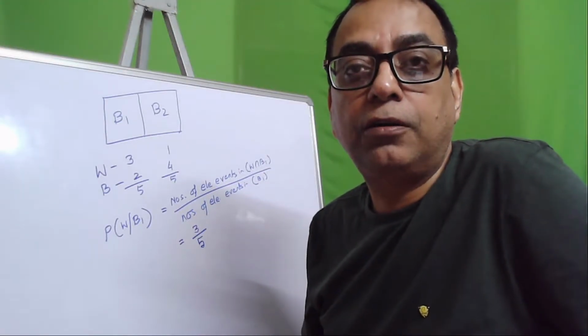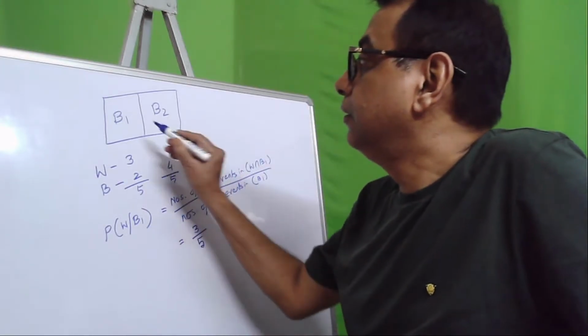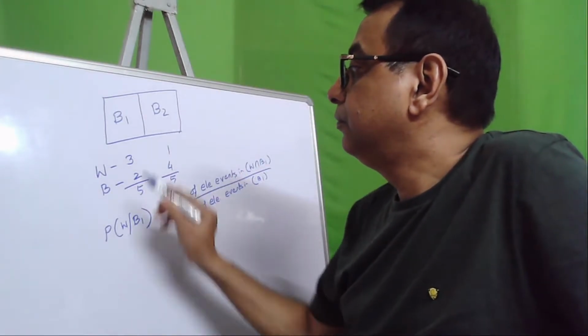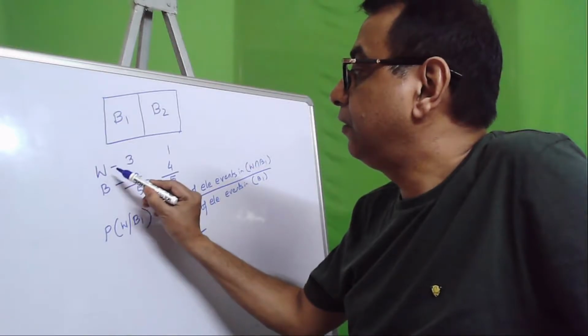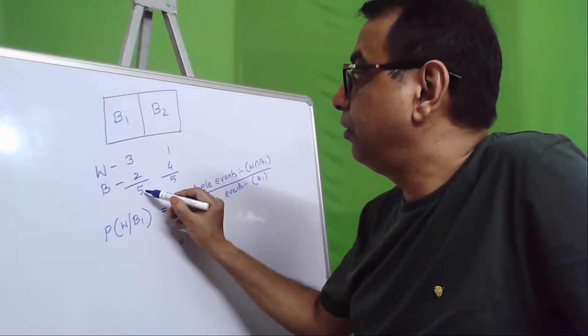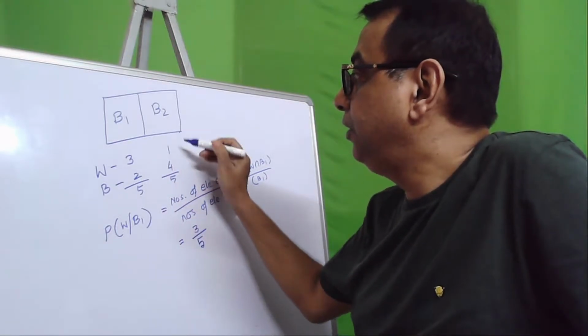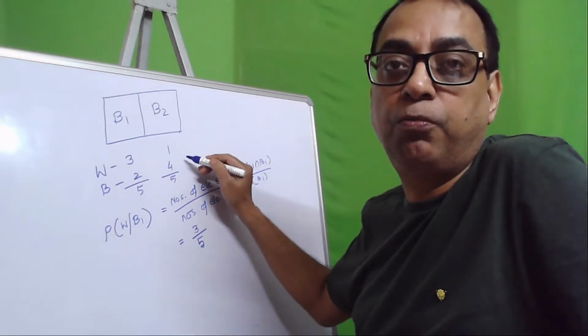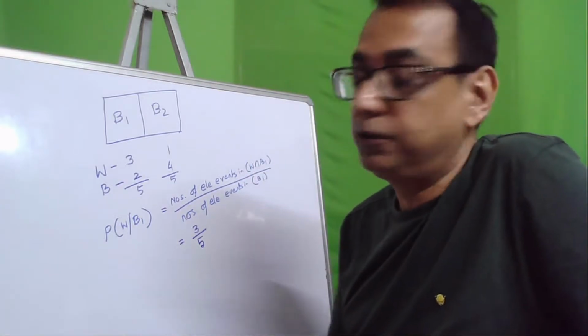Let us draw the problem. There are two boxes, B1 and B2. In B1 we have 3 white balls and 2 black balls, so the total number of balls in B1 is 5, and in B2 we have 1 white ball and 4 black balls, total 5 balls.